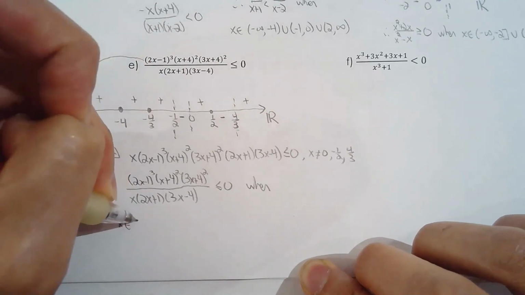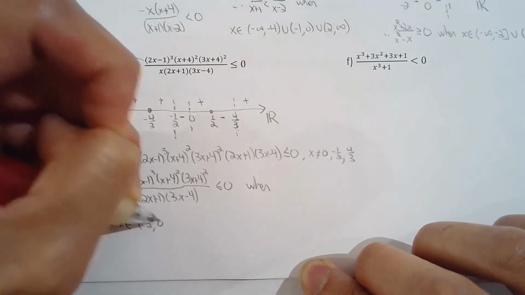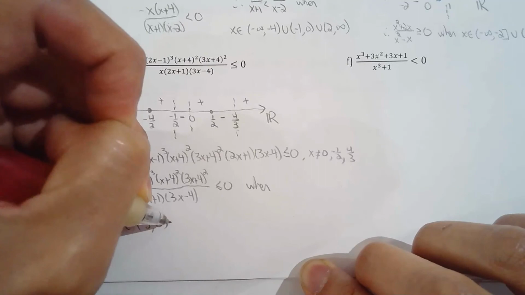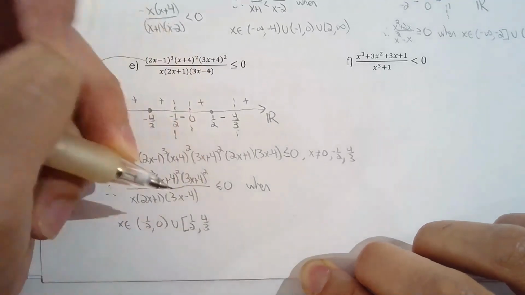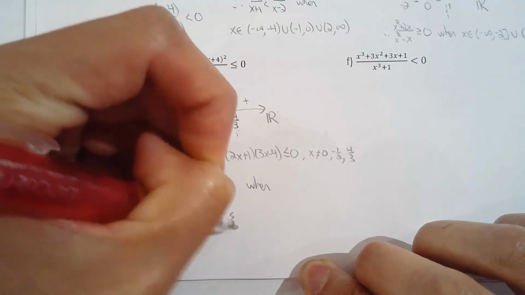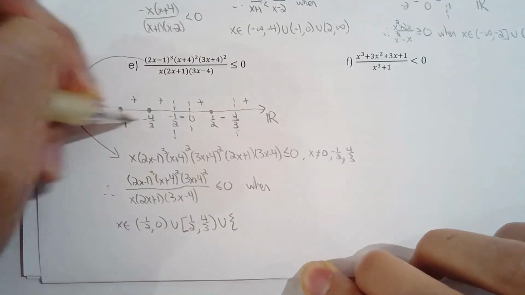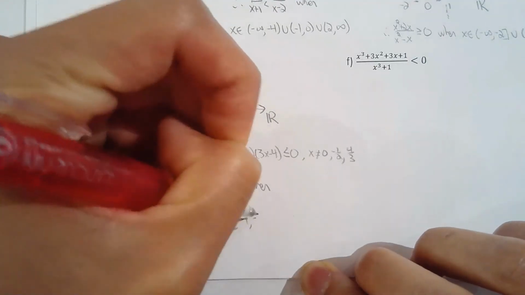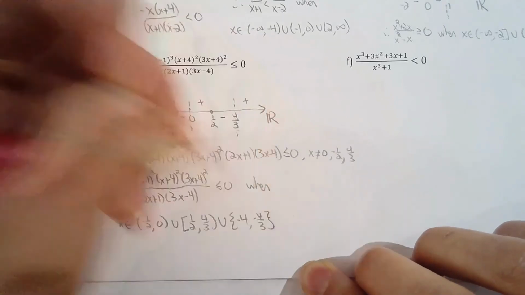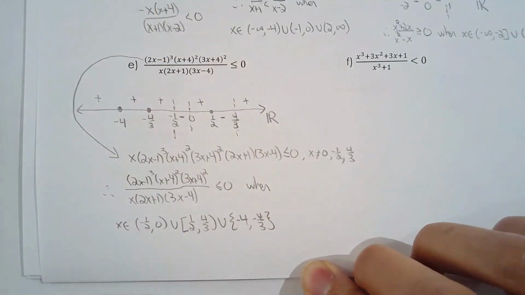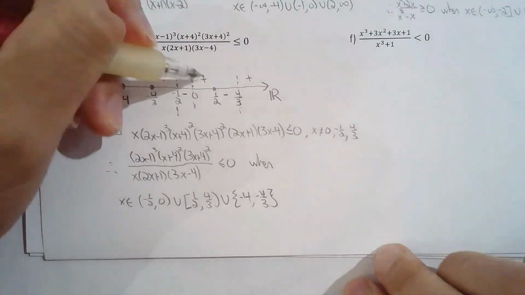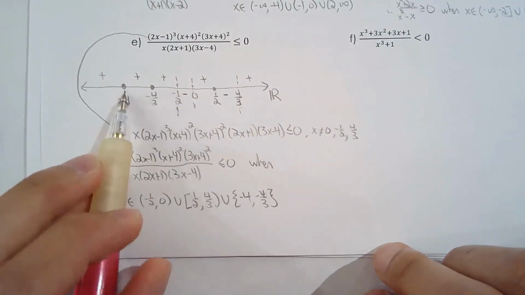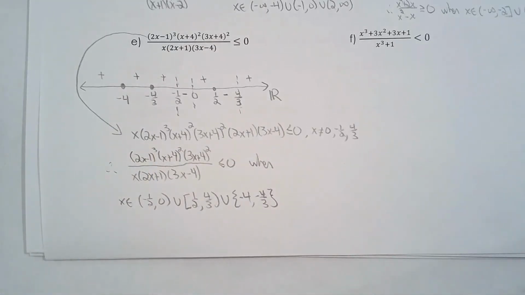Over here, negative 1/2 to 0, or 1/2 to 4/3, including, don't forget, one mark here, include negative 4 and negative 4/3. Students always forget this, so one mark off. When is it less than or equal to 0? So do not forget negative 4 and negative 4/3 as a part of your solution to your inequality.